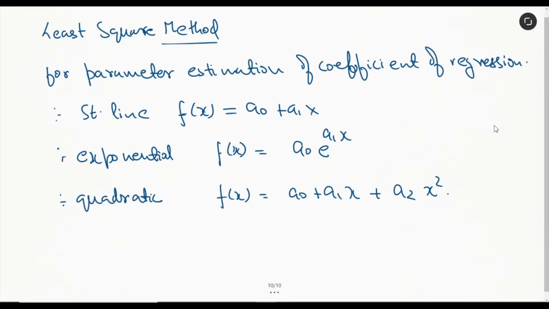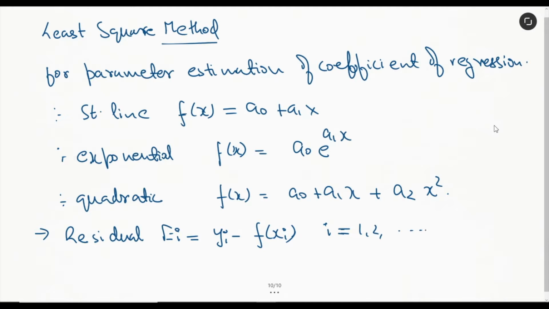And in order to check the accuracy, or the goodness, or how approximate or how good a fit we have, we have a measurement which is the residual, given as ei equal to yi minus f of xi, for i equal to 1, 2 and so on up to n.